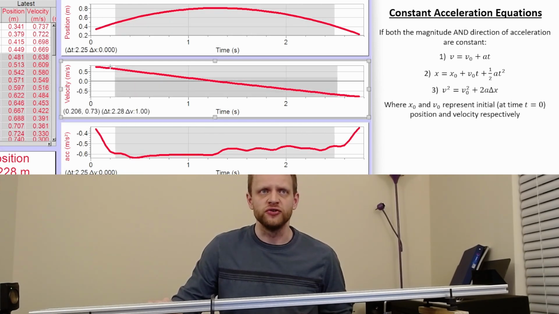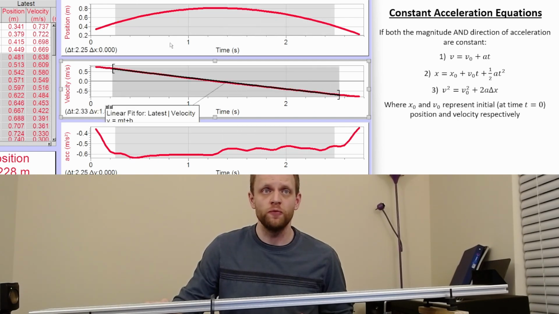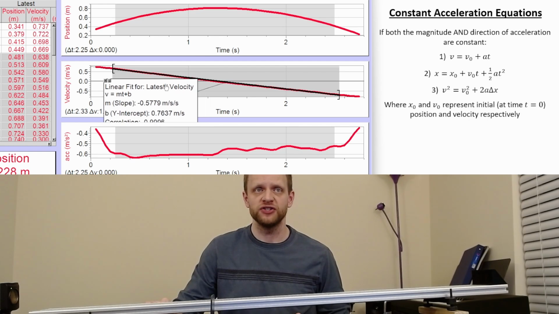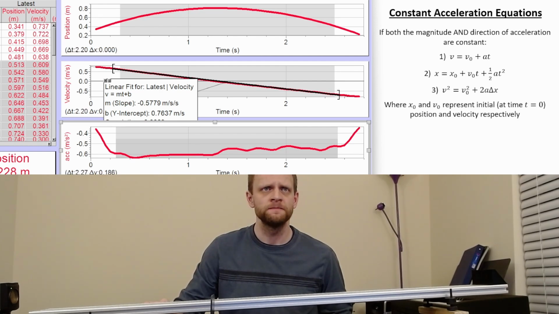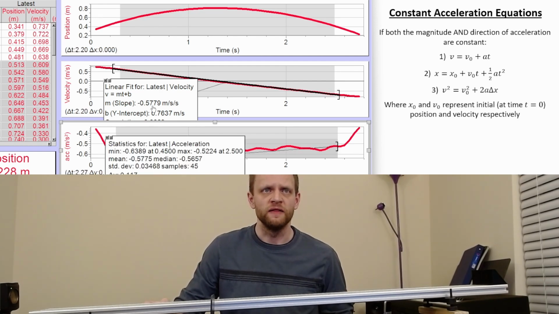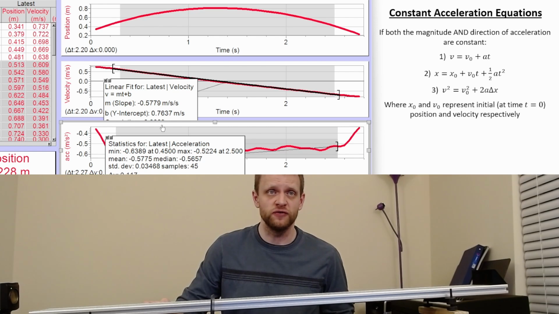Our velocity versus time graph, if we highlight it, the downward slope of that graph pretty closely matches our acceleration. If we look at the same set of data, the slope of that velocity versus time graph very closely matches the average of our acceleration versus time graph.